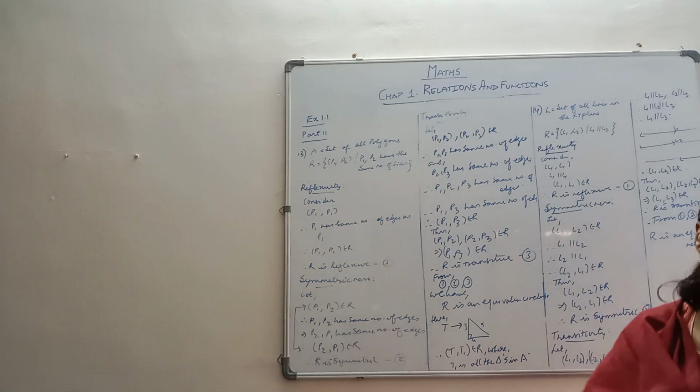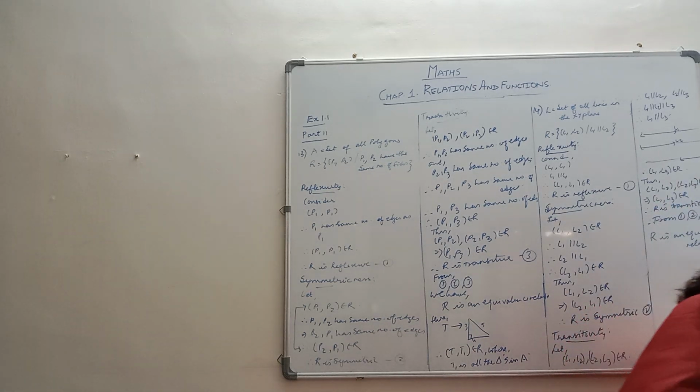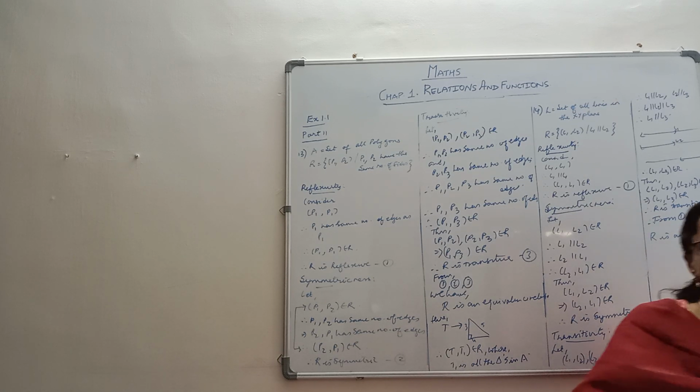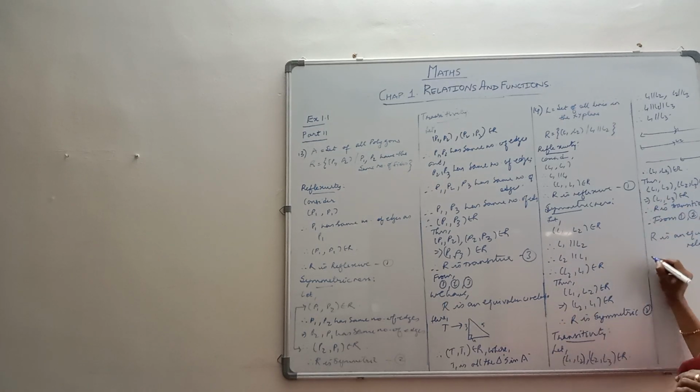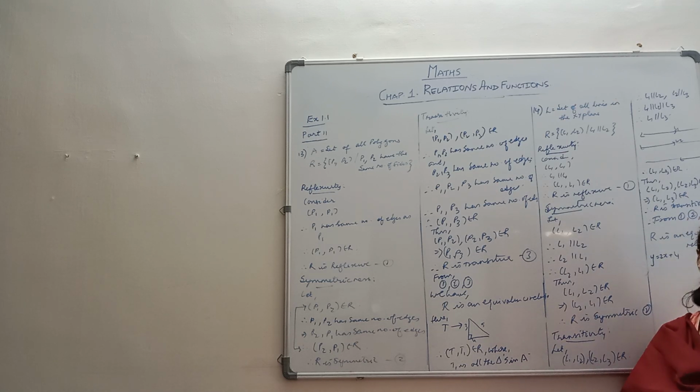Not over. They have asked us something else also. They have asked for the set of all the lines which are related to the line y equals 2x plus 4. We are working with all lines. Suppose we choose the line y equals 2x plus 4, which lines will be related to this line? That is the question. When two lines are parallel, their slopes have to be equal.